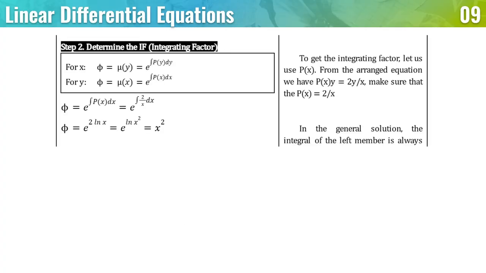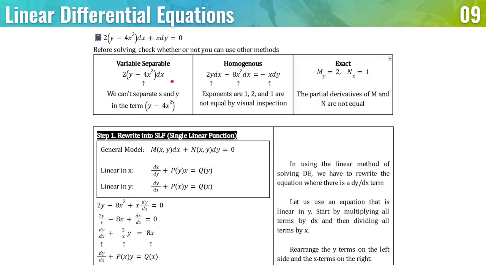Next, you have to determine the IF, or the integrating factor. So to get it, for linear in y, we're going to use p(x). So again, you have to use this. Whatever you set up here, that's what you have to use. Take note, it's just p(x) without the y.